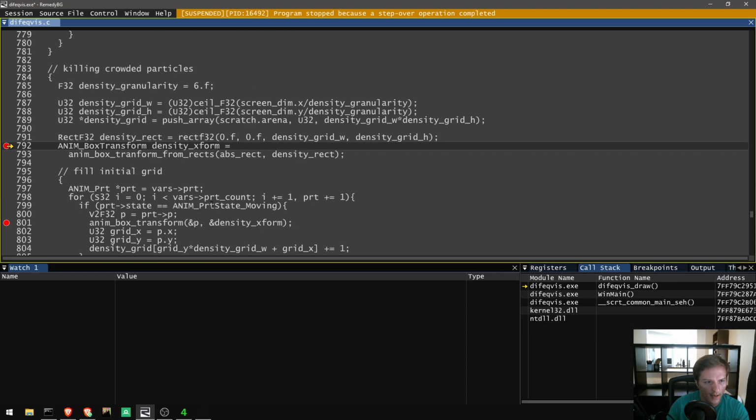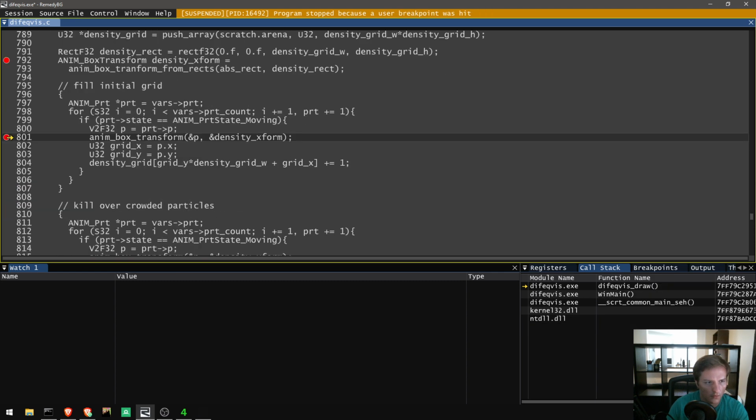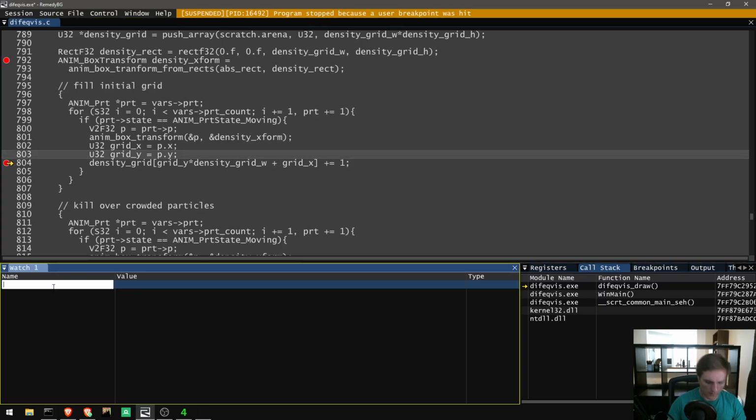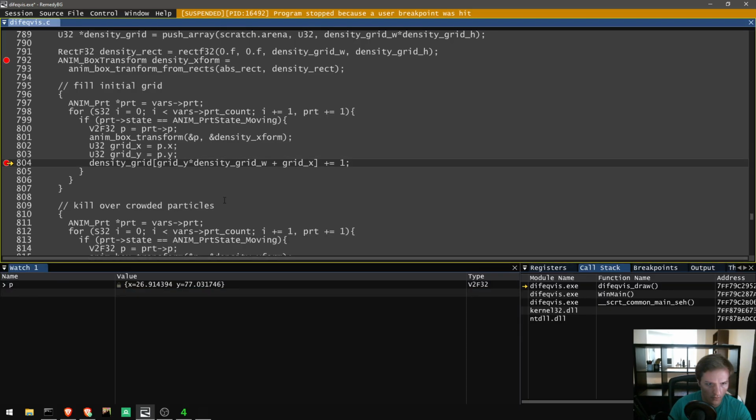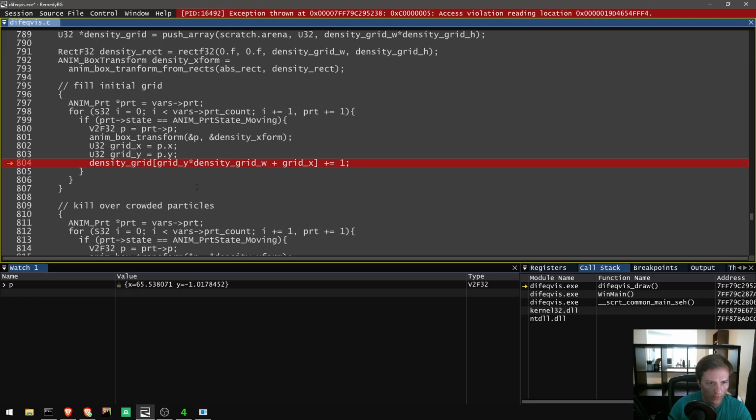So when we get, hold on, it's like right here somewhere at some point, one of these p-values must be coming out negative. But maybe I'll just wait until one of them hits. Okay.